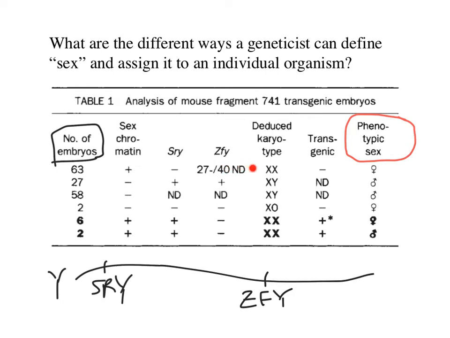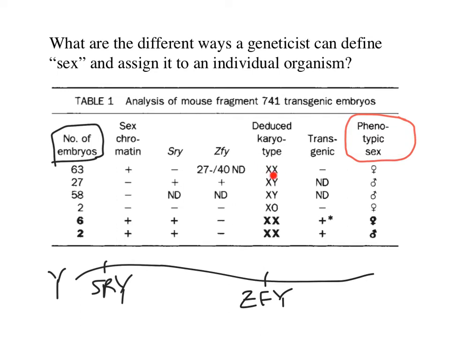You know what a karyotype is. What does it mean that it's deduced? What does it mean if a detective deduces something? Right. They didn't get specific data on this. They deduced it. They used all other evidence to assume then that this was the karyotype.